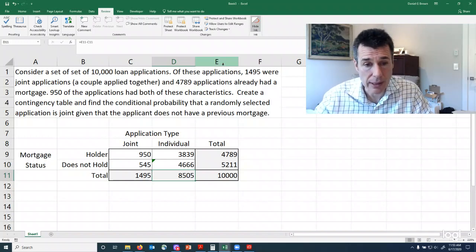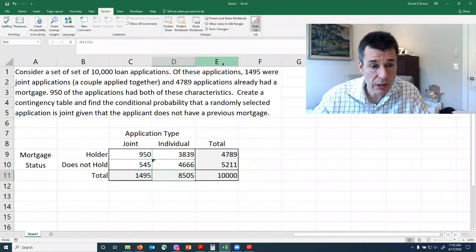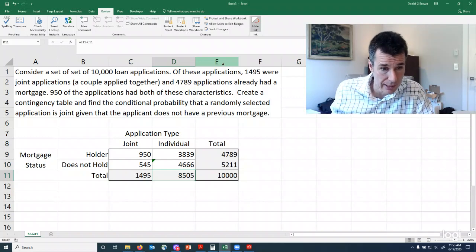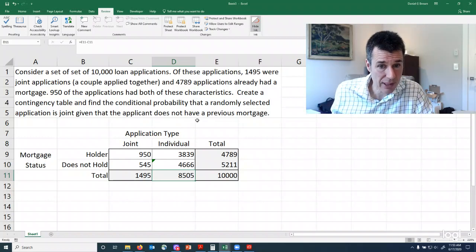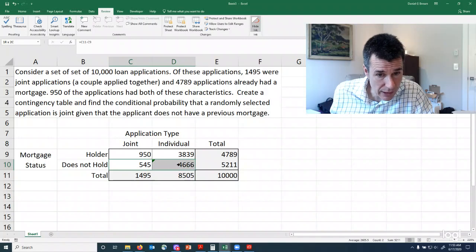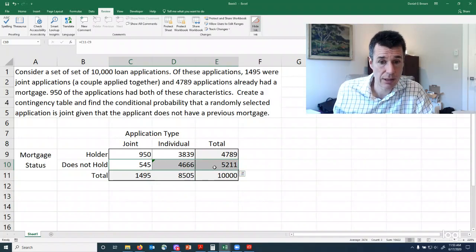At this point, it is really easy to calculate conditional probabilities. So we can do this in two ways. There's a formula for this, but we can also do this in a slightly different way. So the conditional probability that a randomly selected applicant is joint, given that the applicant does not have a previous mortgage, well, the given that the applicant does not have a previous mortgage means we are in this row, right?